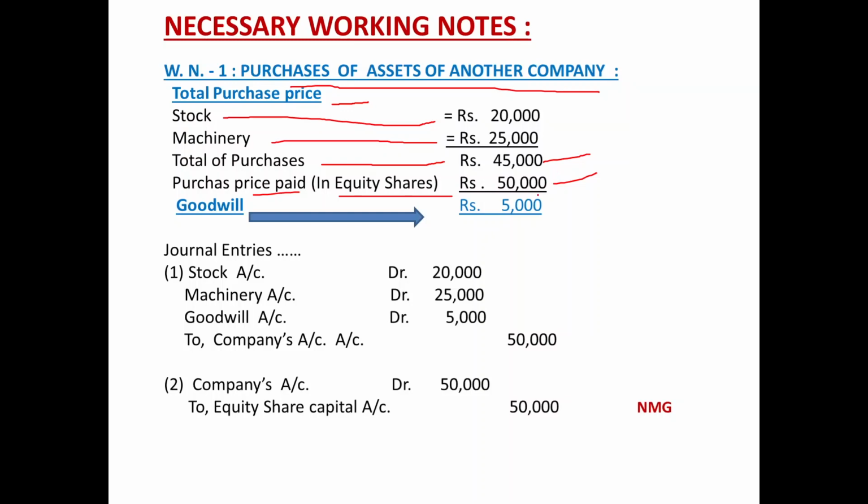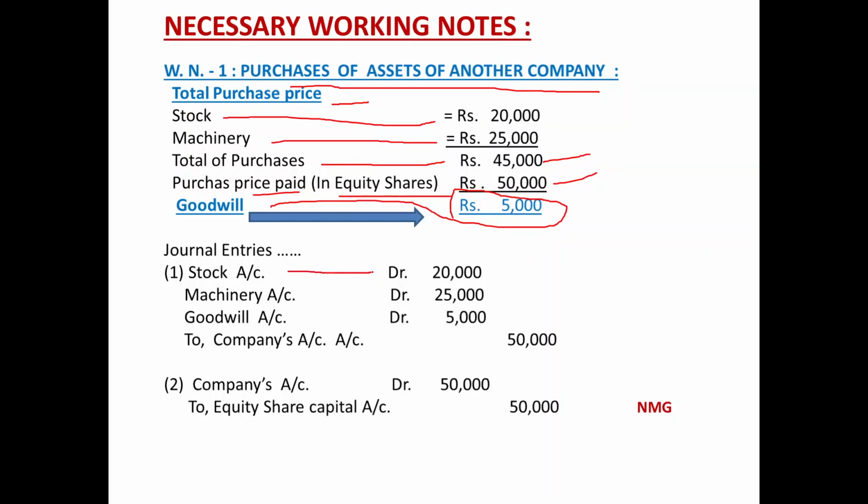It means the company has paid an extra amount of rupees 5,000, and it is nothing but the goodwill that has been paid for these asset purchases of another company. Goodwill 5,000, an extra amount has been paid for these purchases of assets. Journal entries.